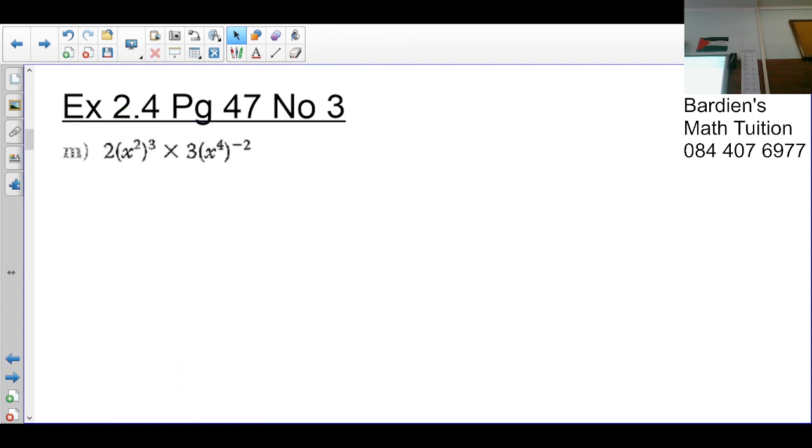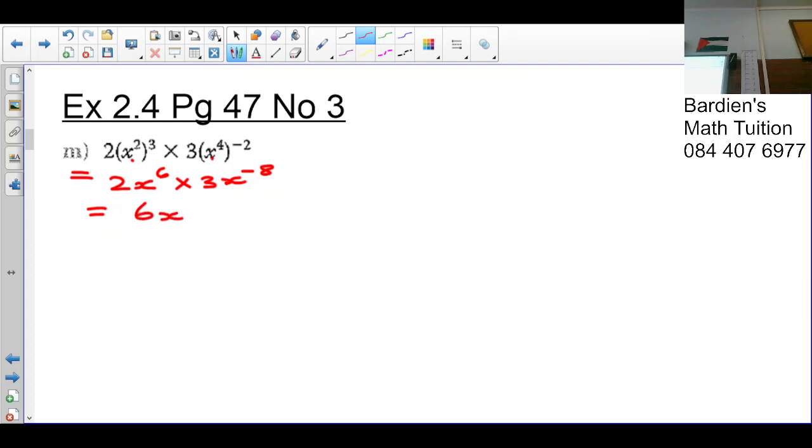Let's look at M. What do we do first here? Exponents. So it's 2x, 3 times 2 is 6, times 3x, negative 2 times 4 is negative 8. When you multiply and the bases are the same, what do you do to the exponents? 2 times 3 is 6. So you're going to add 6 and negative 8. 6 plus negative 8 is negative 2.